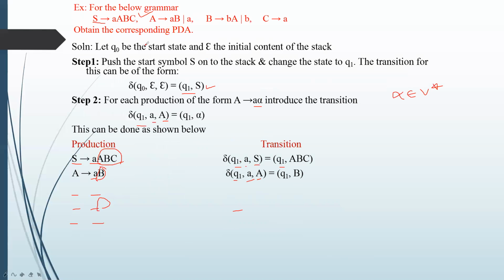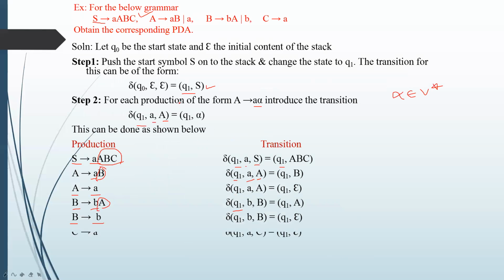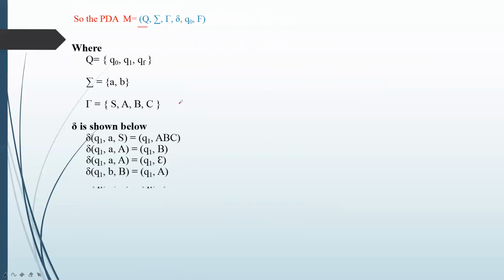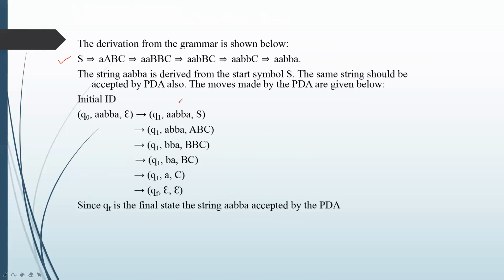According to that, we are writing here: S produces aABC. Replace this A by aABC. Again, if we apply those derivations, we'll get the final string.